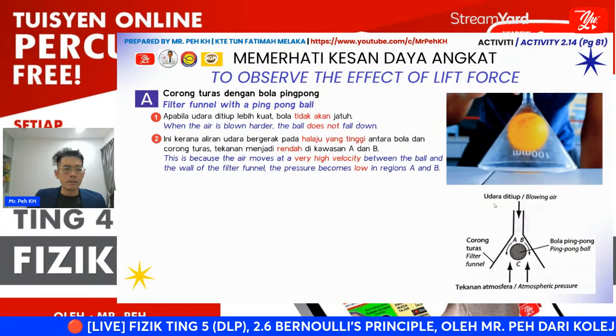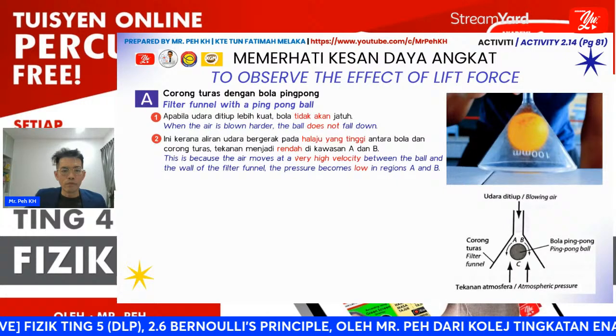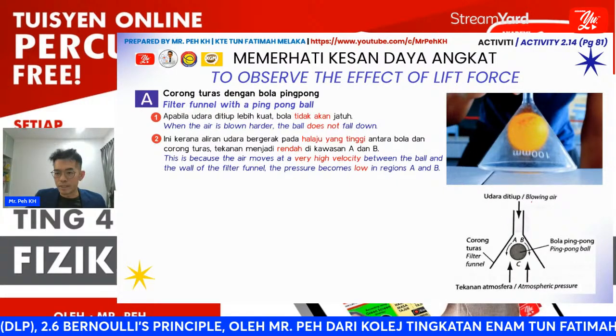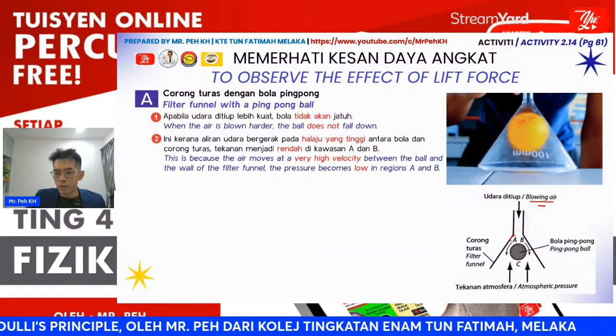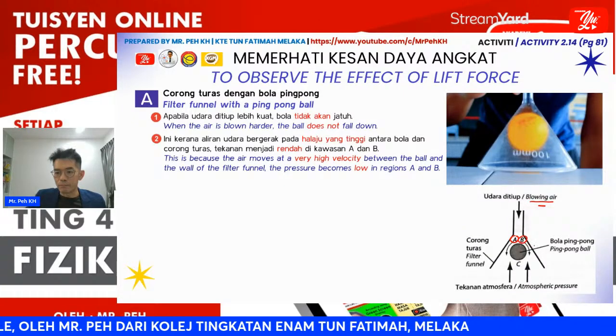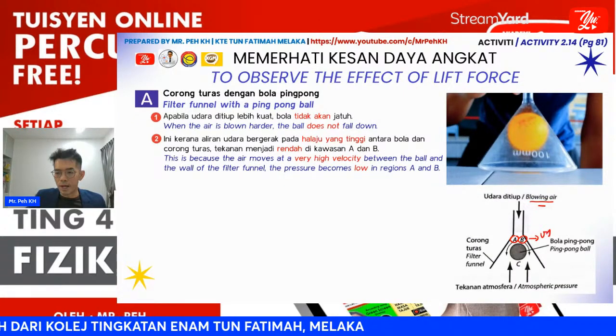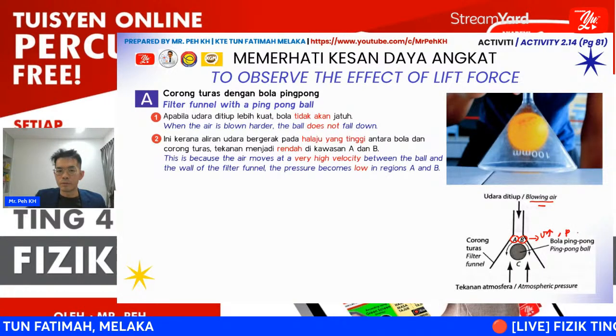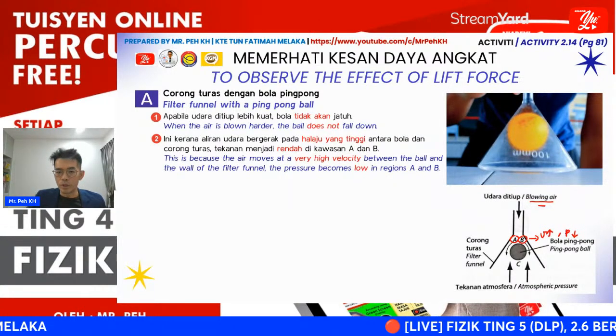Okay, so this is because the air moves at very high velocity. So you can see here when air is blowing, the speed at region A and B will be higher. Okay, so this will be producing the low pressure region.